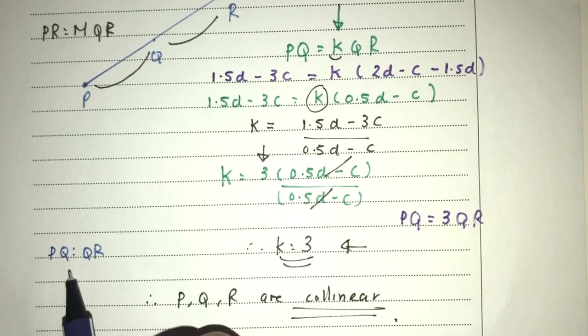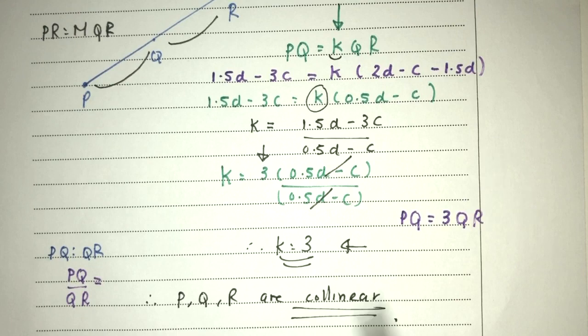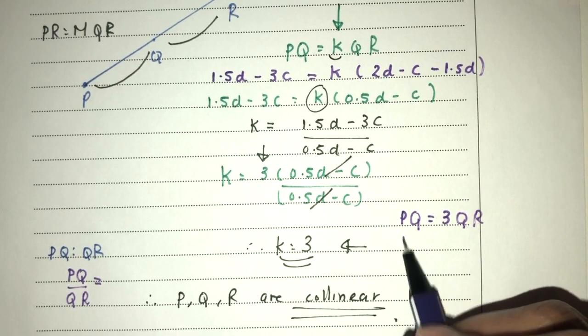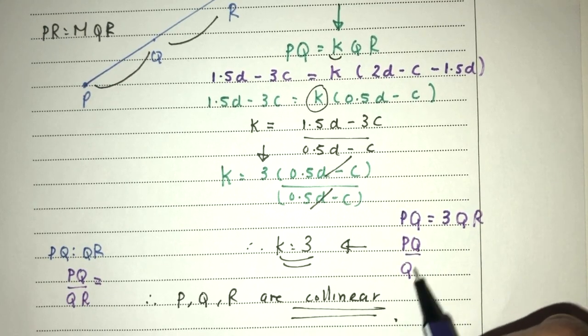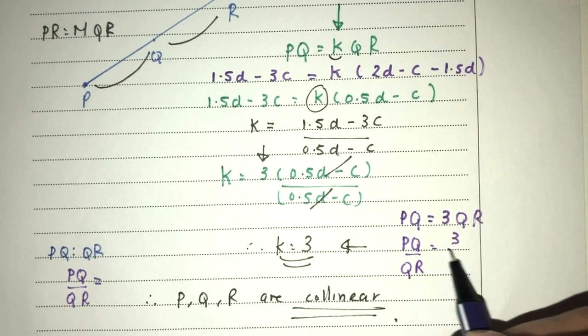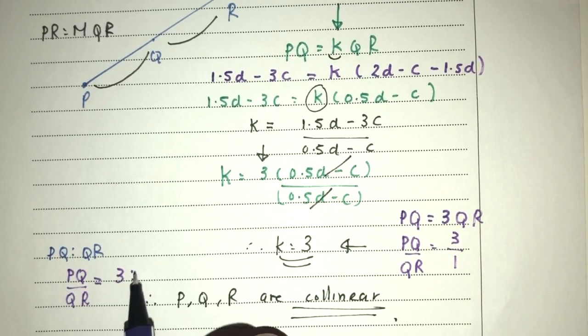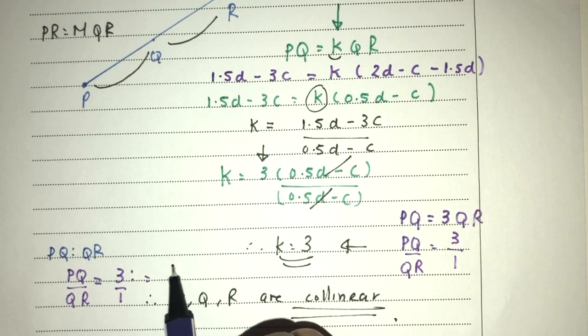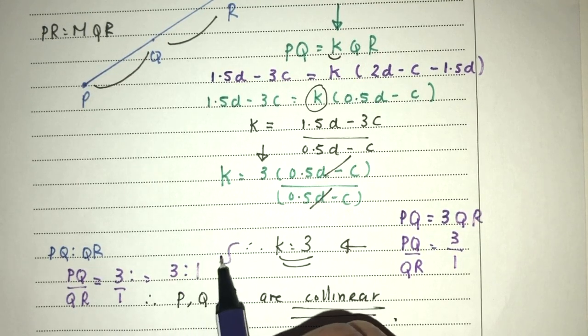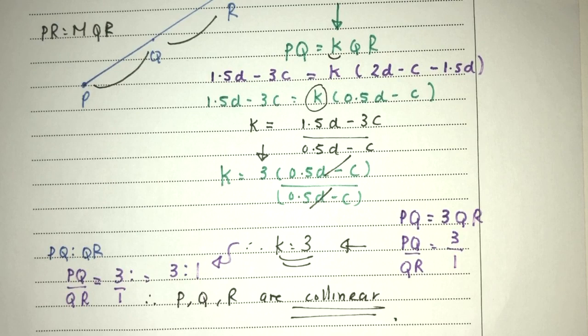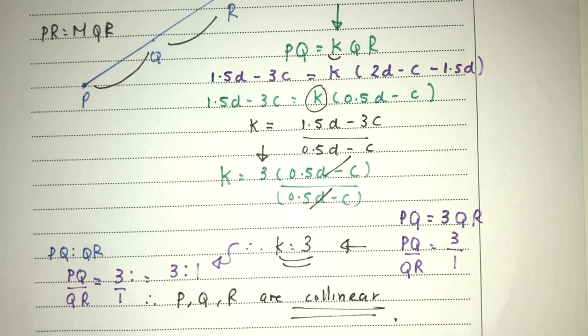So PQ divided by QR, we send this over here, has to be 3 over 1. So the ratio has to be 3 to 1. So this is your final answer for the question. Find the ratio PQ to QR. It is 3 to 1.